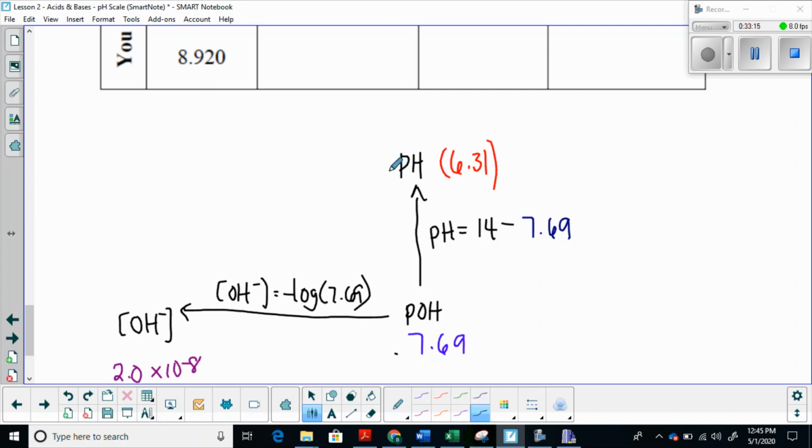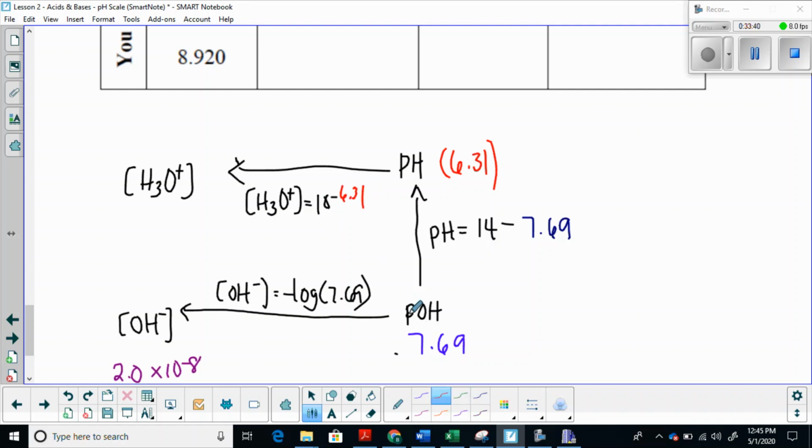Now I can take that and find hydronium. Hydronium is equal to 10 to the negative of our pH, which is 6.31.